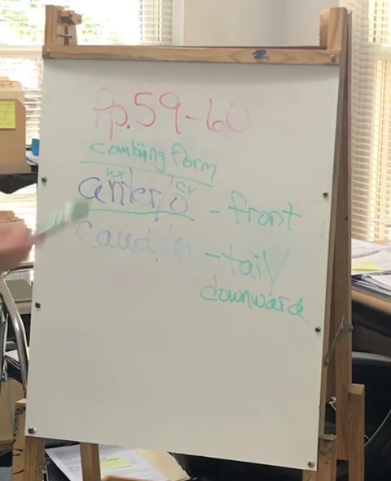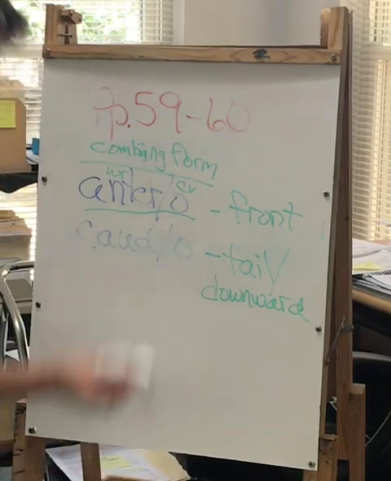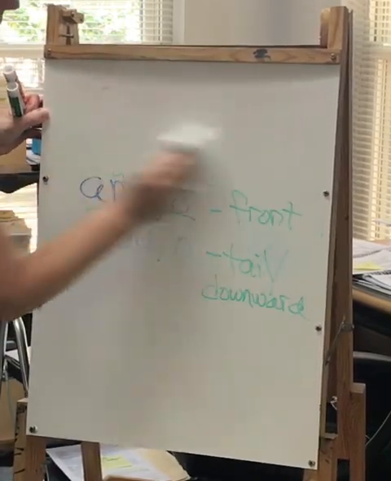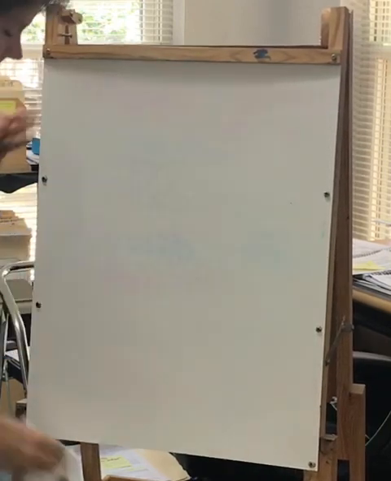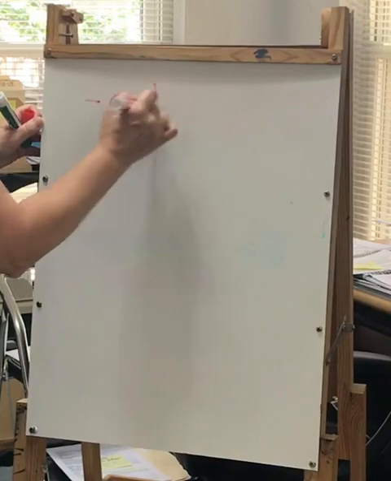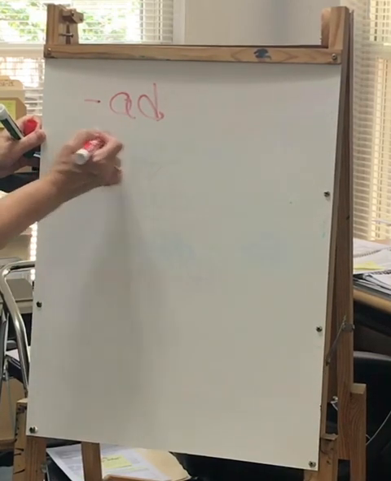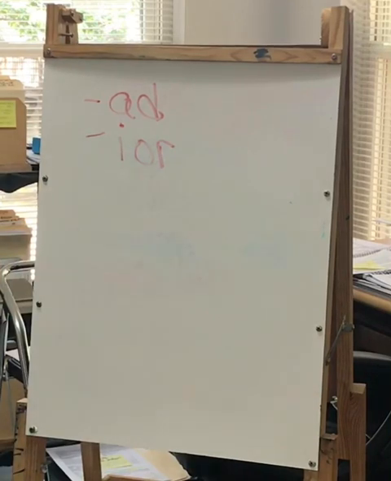Now, talking about chapter 3, and this is why I do chapter 3 before chapter 2, I want to point out you only had 2 suffixes presented there. The two suffixes they gave you for chapter 3 were AD, which meant toward, and IOR, which means pertaining to.